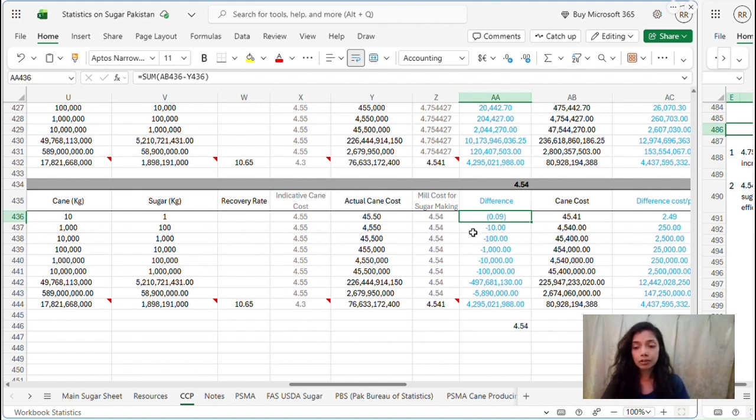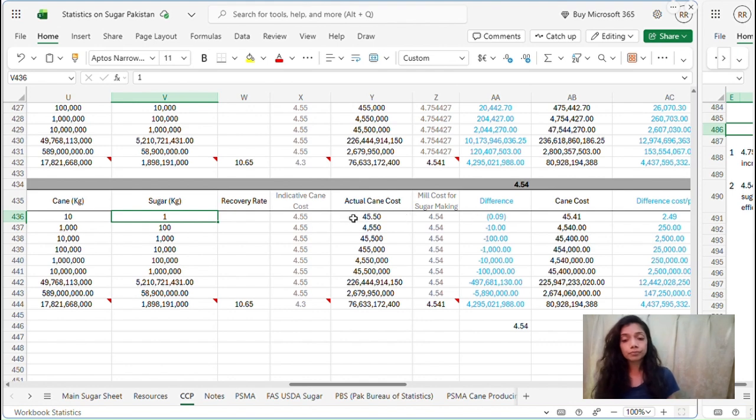So this indicates when the mills made the sugar from that 10 kg of cane, that costed them 45.50 as per indicative prices. But when they made the sugar and calculated the cane cost after making 1 kg of sugar, that cane cost reduced from 4.55, the cost at which they purchased, to 4.54, a difference of 1, which translated ultimately to the difference of 9 pesos.